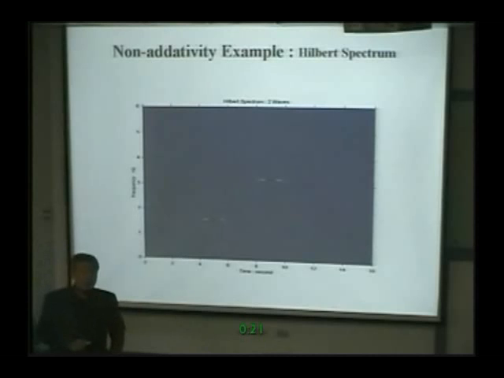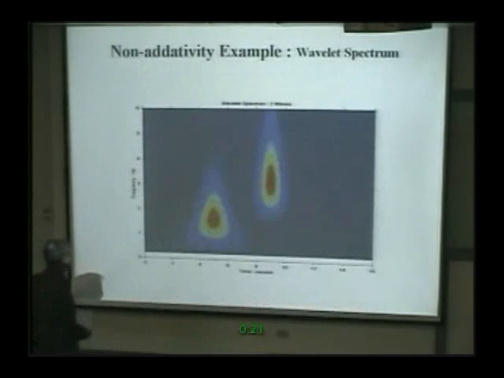Now, if we use Hilbert spectrum, however, we clearly identify one wave packet here, the other wave packet there. And these are two independent packets. I should be able to separate. Why not? We did separate it. And if you use wavelet, the wavelet also separates. However, because the wavelet is different from that particular wave packet, it may not fit very well, so it is spread vertically through this.